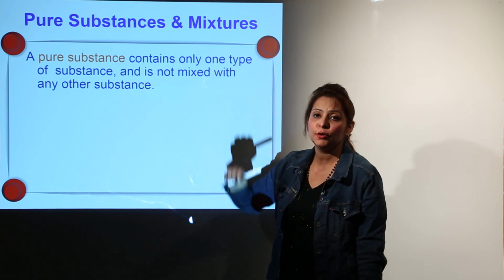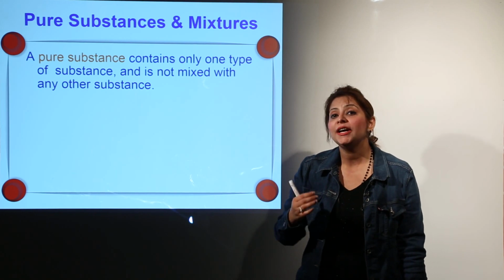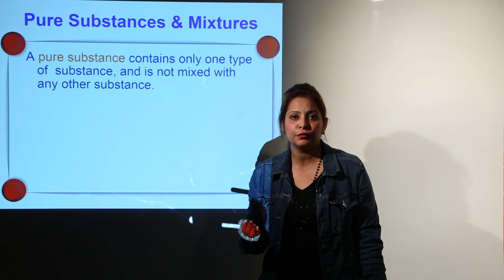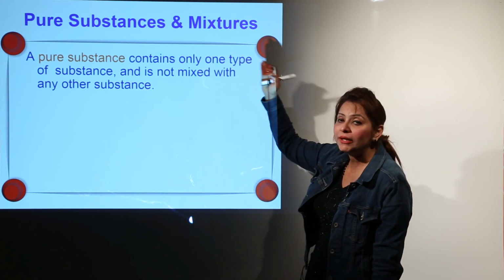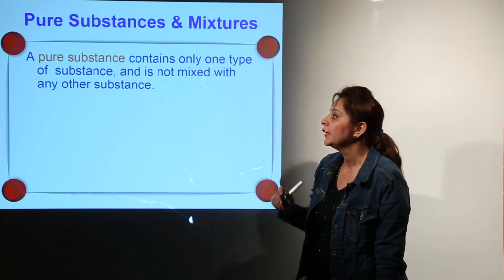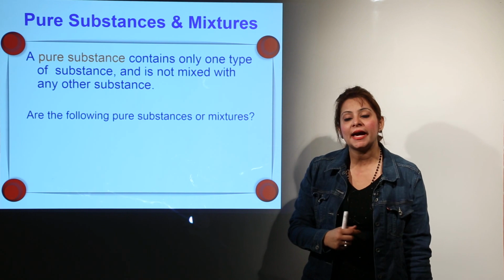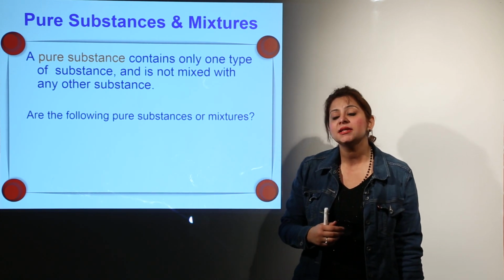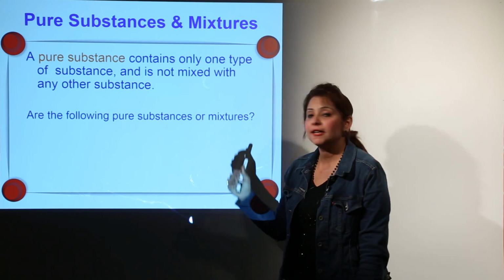But when we talk about a mixture, as we know, a solution is an example of a mixture. So it contains more than one type of component. That means a pure substance is totally different from a mixture, right? I'm giving you certain options and I want you to tell me, on the basis of the definitions, whether the given substance is a pure substance or a mixture.